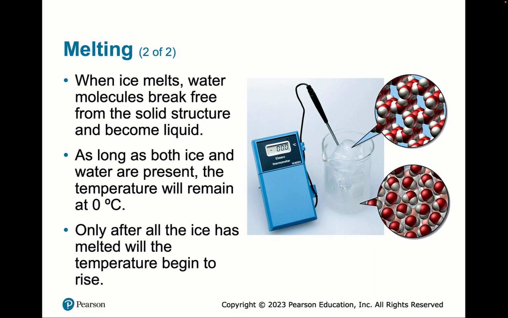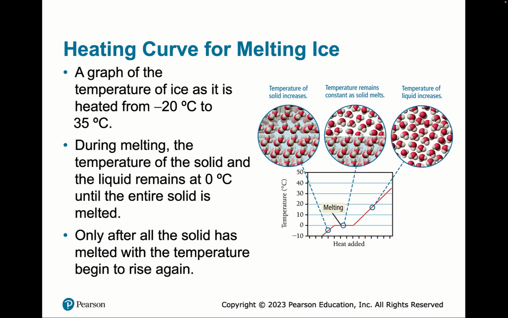Ice melts at 0 degrees Celsius, and as ice is melting, the solution is going to be at about 0 degrees Celsius. Once all the ice melts, then the temperature of the solution can rise. Here is a melting curve, for instance.